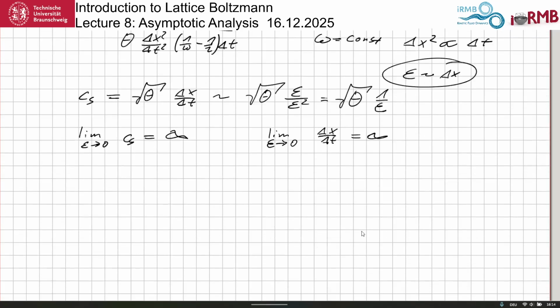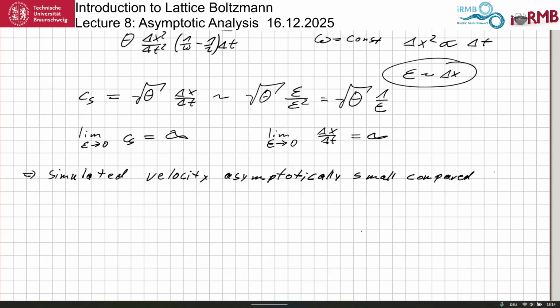So right, I want to write this down. The simulated velocity is now asymptotically small compared to the speed of sound and the lattice velocity.